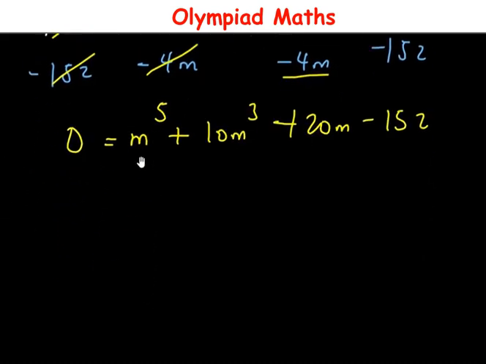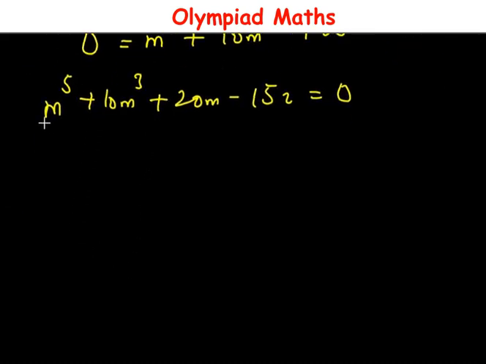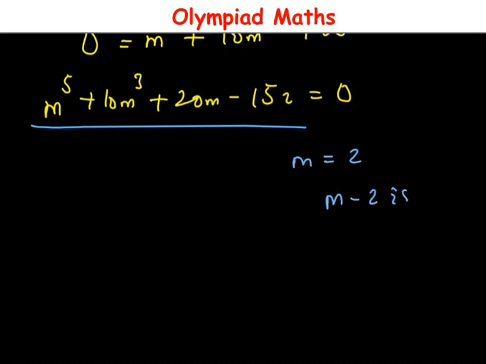So if we then rearrange this equation, we have m⁵, then plus 10m³ plus 20m minus 152, and this equals 0. So looking at this equation, right, m equals 2 is a solution for this equation, such that from here m minus 2 is a factor, okay, is a factor for this given equation.